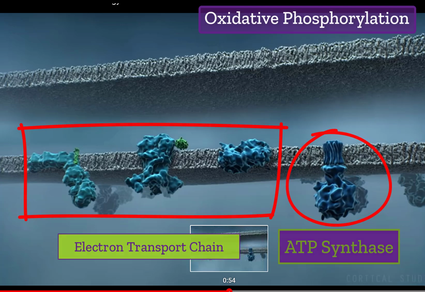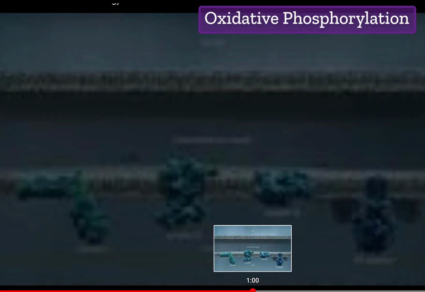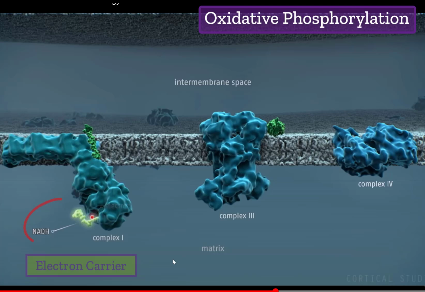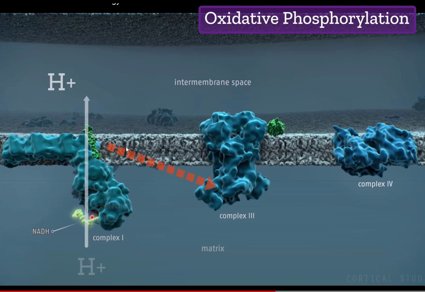And as she explained, the electron carriers bring electrons to the electron transport chain. As the electrons are transported through the electron transport chain, the electrons lose energy, because these proteins use that energy to pump protons into the inner membrane space.